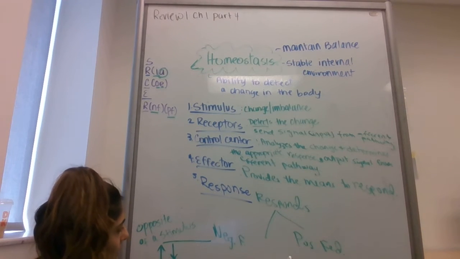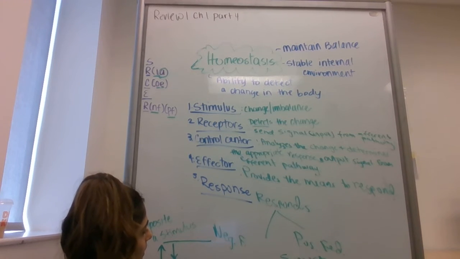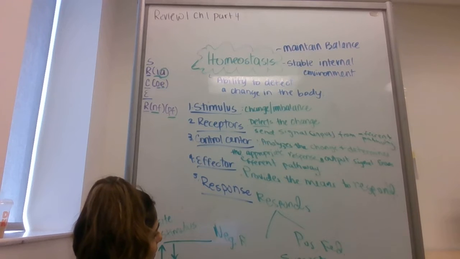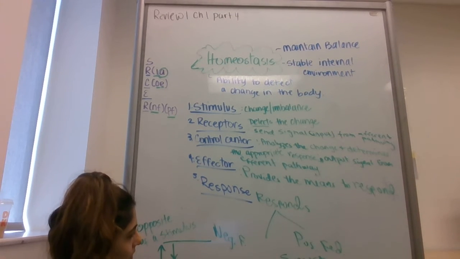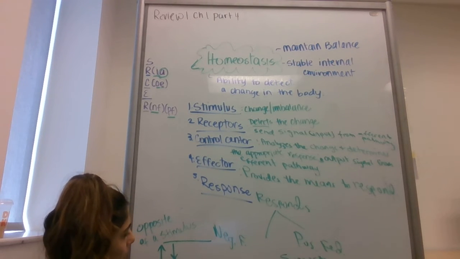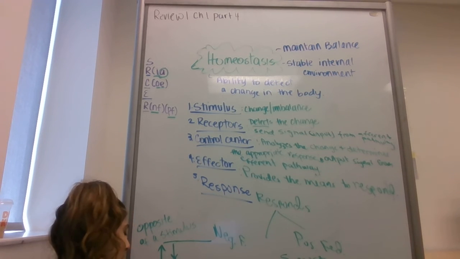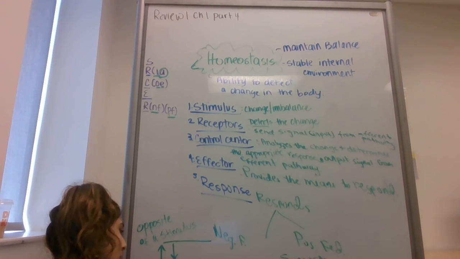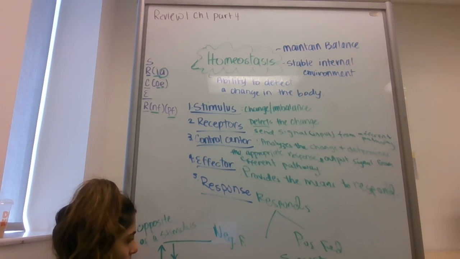Positive feedback is where it supports the stimulus or signal, the change that happened. For example, if the temperature is really, really low, and it's going up to get to its normal stage, it's going to continue to go up.